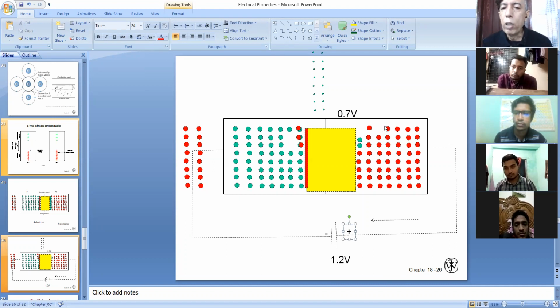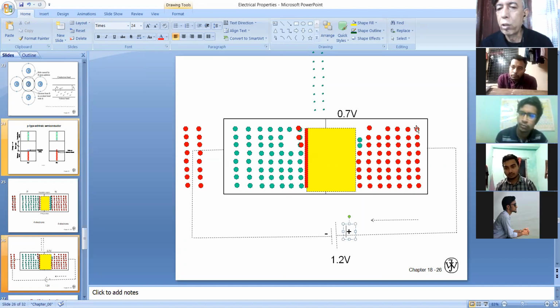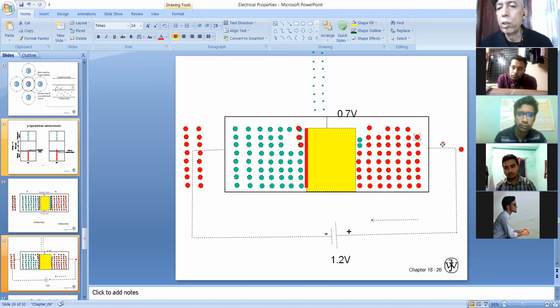Now what will happen? This positive will attract these electrons towards itself. This electron will come this way, because this is positive charge. Positive charge will attract these electrons.